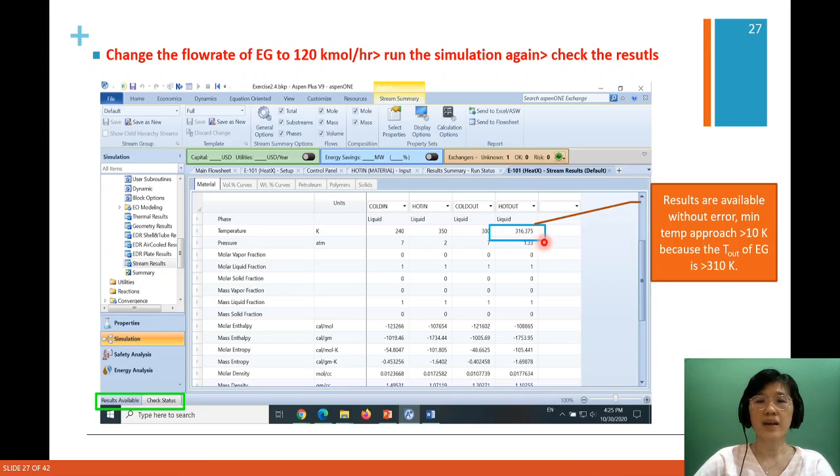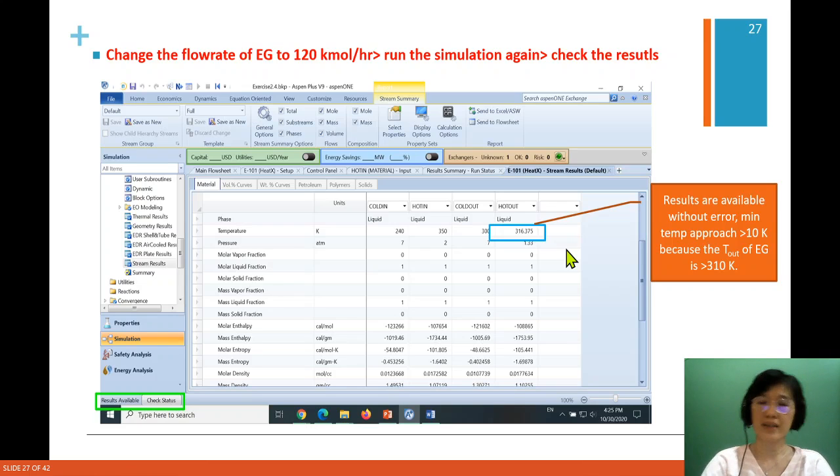The outlet temperature for the hot stream must be at least 310 to ensure the minimum temperature approach of 10 Kelvin. Now we are having 316, so this is more than enough to give you a minimum temperature approach of 10 Kelvin.